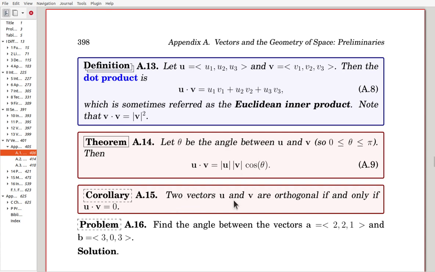Two vectors u and v are orthogonal if and only if u dot v equals 0. Orthogonal means that geometrically the angle is 90 degrees. So if they are orthogonal, then cosine of pi over 2 is 0, so the dot product is 0.